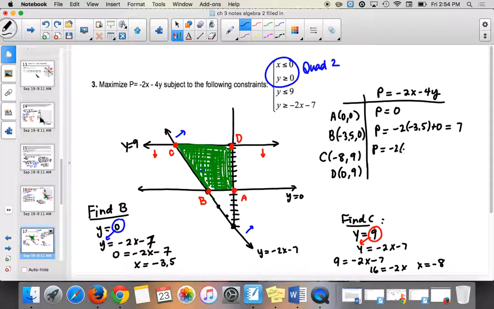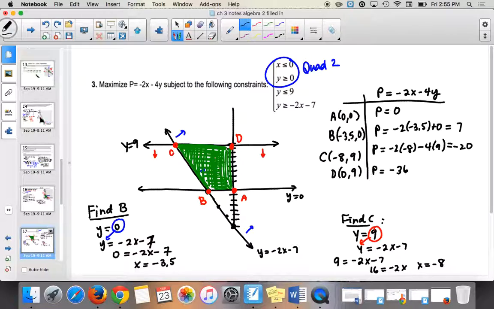For C we get negative 2 times negative 8, minus 4 times 9. So 16 minus 36, negative 20. So don't do that one. That would be like a minimum. And then 0, 9. We can plug in 0, we can plug in 9, we get negative 36.